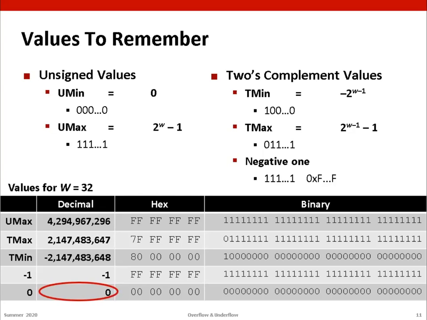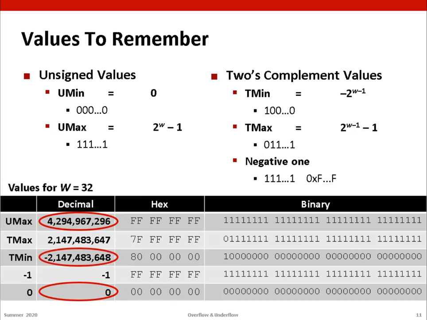And the maximum is umax, the unsigned max, which is all ones, obviously, and that would correspond to 2 to the power w minus 1. While in 2's complement, tmin, the 2's complement minimum, is the biggest negative number we can have, which would be the pattern of 1 followed by all zeros.